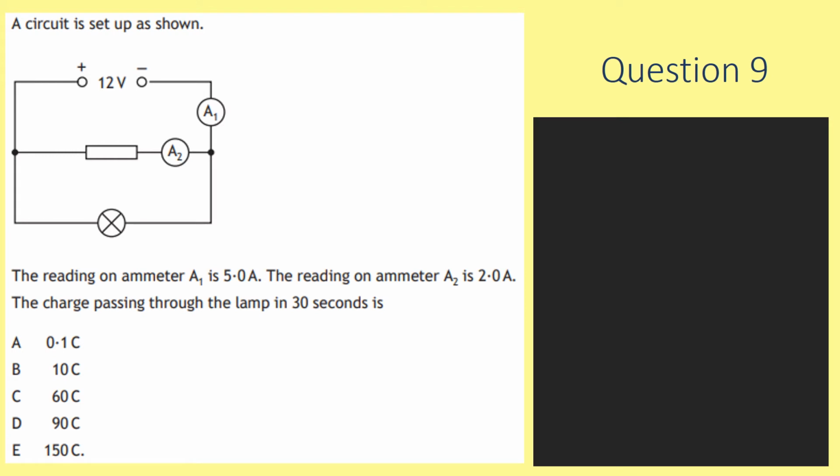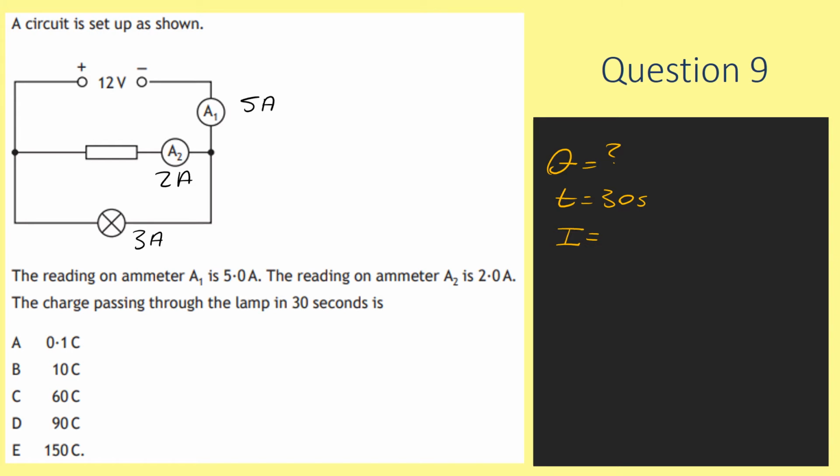Question 9. A circuit is set up as shown. You're told readings on ammeter A1 and A2, and you're asked to find the charge passing through the lamp in 30 seconds. So I want to find Q. Now, the time we're given in the question is 30 seconds. So in order to find Q, we need to find I. Well, if I've got 5 amperes here, and 2 amperes goes this way, that means that I must have 3 amperes going through my lamp.